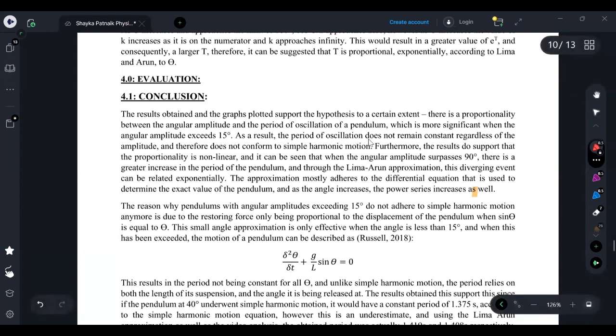For me, I talked about how the period of oscillation does not remain constant and therefore does not conform to simple harmonic motion, which was the first part of my research question. And then I talk about how my results do support my nonlinear proportionality and how it also satisfies the Lima-Aroon approximation.